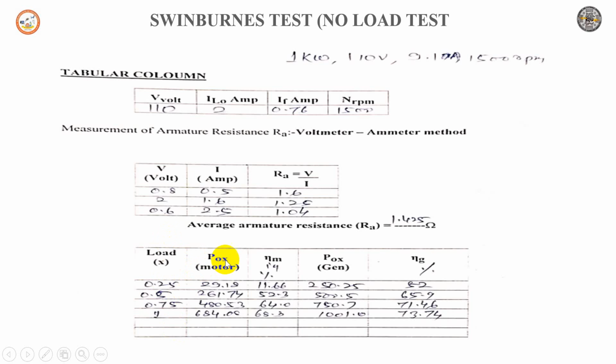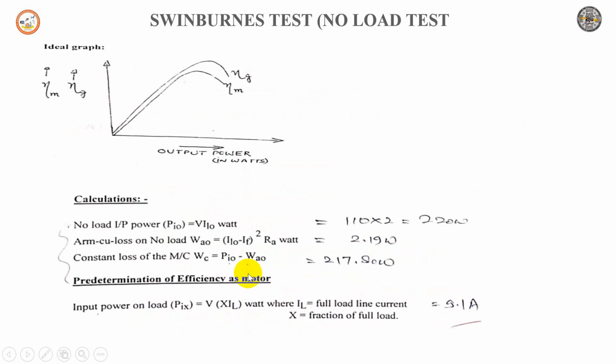For different loads, we need to calculate the output and the efficiency of a machine as a motor and as a generator, based on the output and input of both. When we draw the graph and observe the calculation, we can see that the motor efficiency is always less than the generator efficiency.